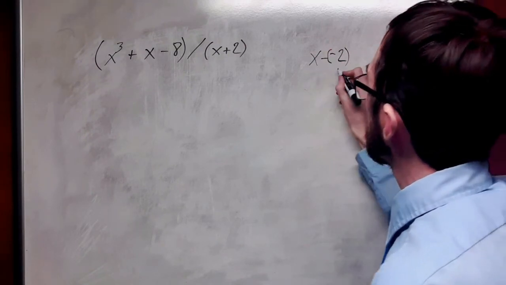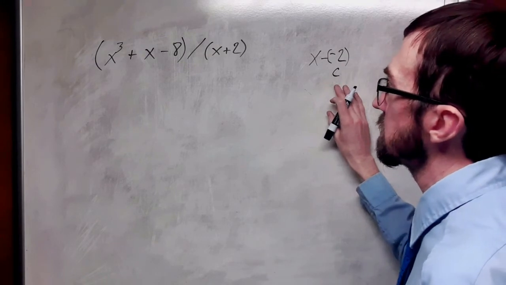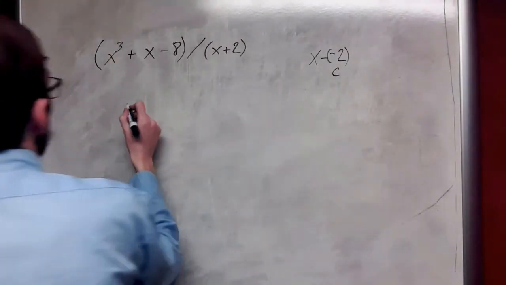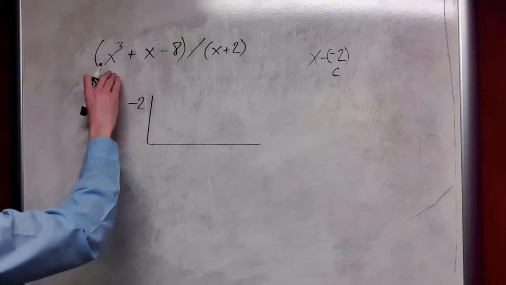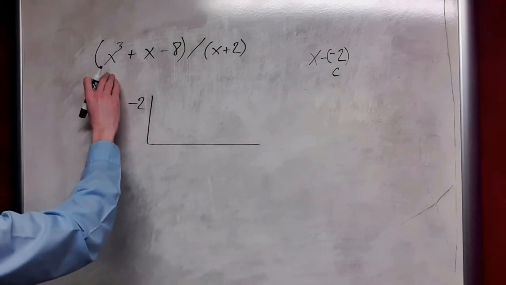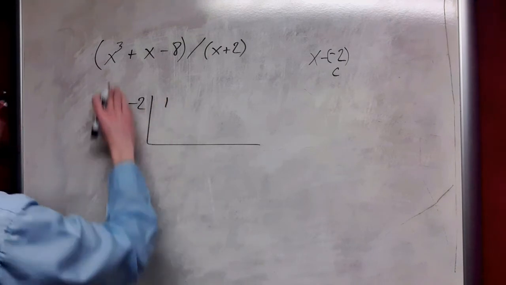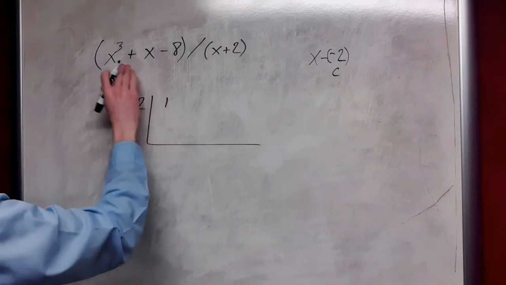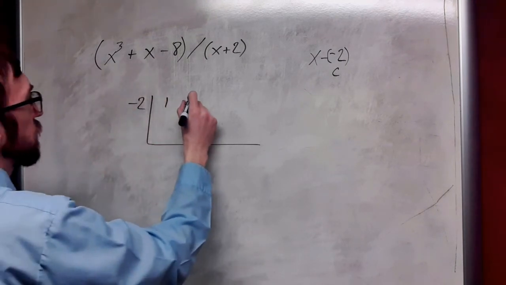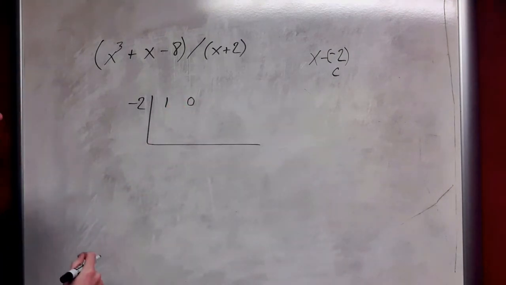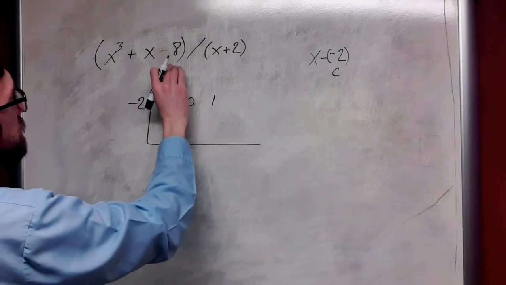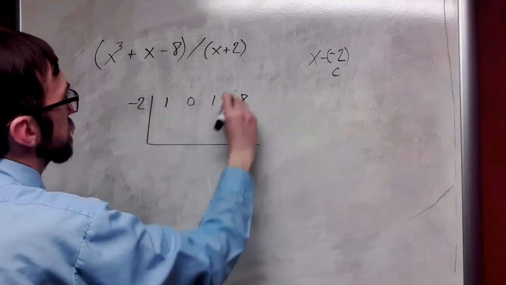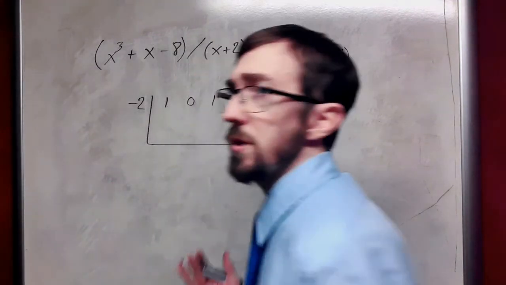So the c portion is the -2, and we will use that, -2, outside the bracket. Our coefficient for the x cubed is 1. Notice that we have skipped here. We don't have an x squared, so the coefficient for x squared is going to be 0. The coefficient for x is 1. And then x to the 0 power is -8. So this is going to be our setup.